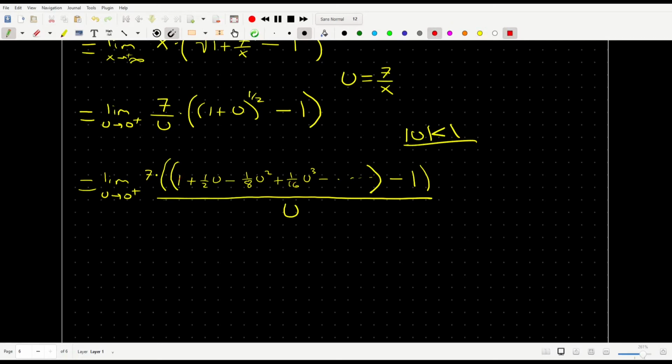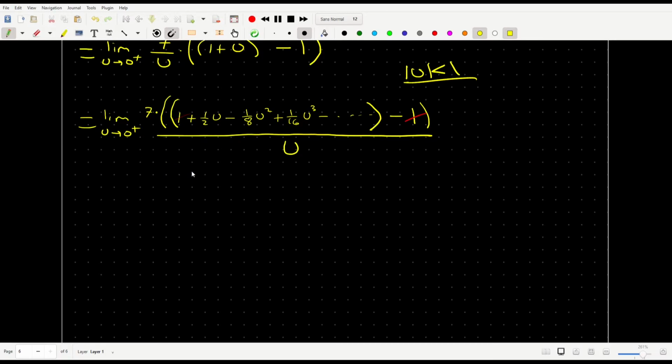We have a 1 right here, the first term in our binomial series, which gets canceled by this subtraction of 1 right here. Not only that, I can pull the 7 out from this limit process because it's just a constant. I can also factor a u out from every single term in this series.